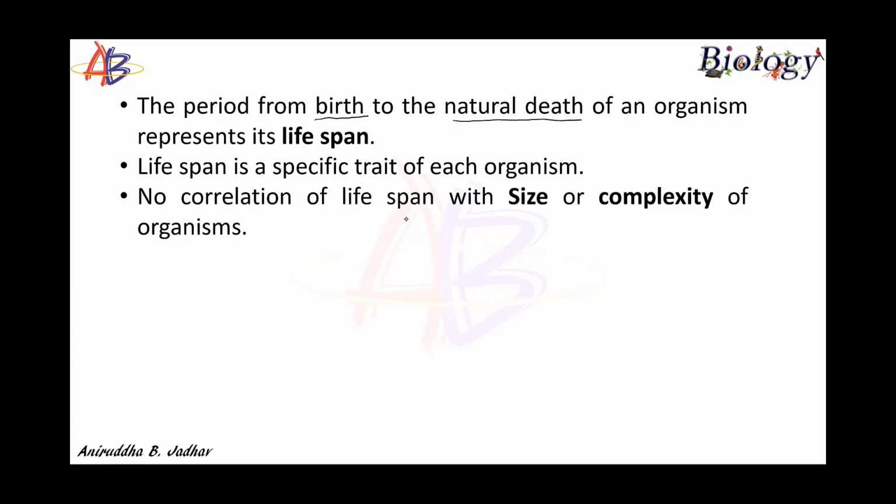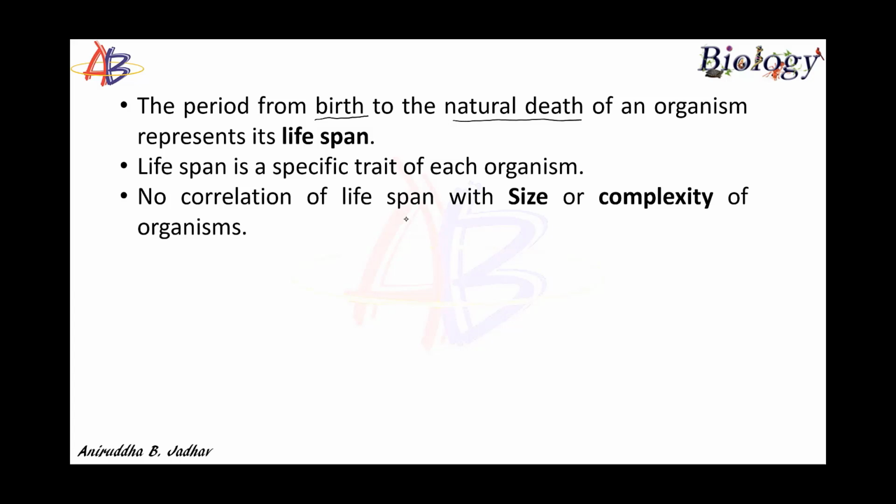The bullfrog and lion are two different individuals belonging to two different species. Bullfrog is an amphibian. Lion belongs to mammals. There is huge variation in their size and in their morphological characteristics. But still, both of these organisms have the same lifespan, that is 30 years.